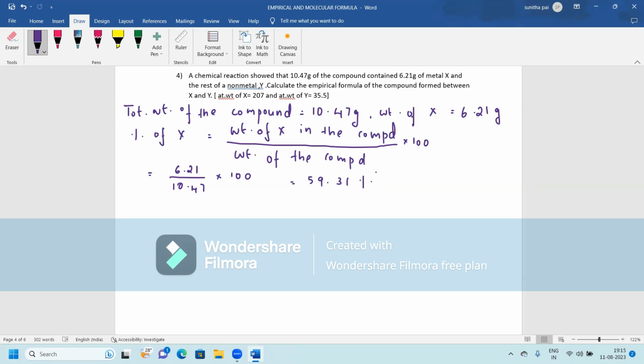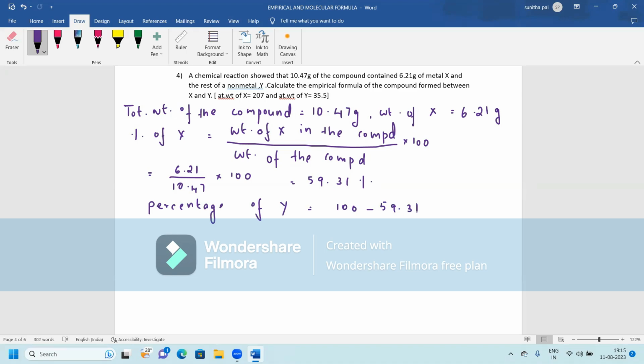Now, the advantage of this particular question is you just have elements X and Y. Therefore, the percentage of Y can be calculated as 100 minus 59.31.